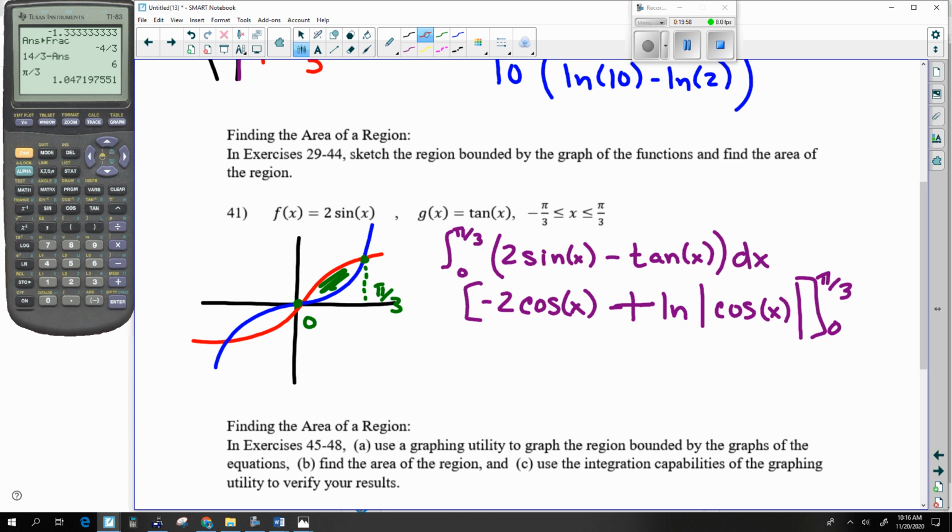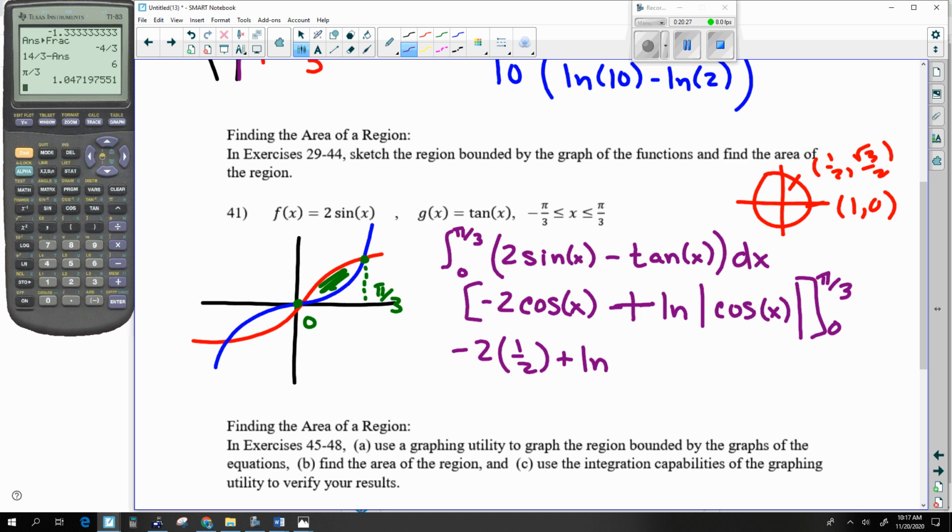So let's get some of these things. We need to know about pi over 3, which has coordinates of 1/2, square root of 3 over 2. And we need to know also about 0, which is 1, 0. All right, so the first one is the pi over 3. So minus 2 cosine. Cosine is 1/2, plus ln of cosine.